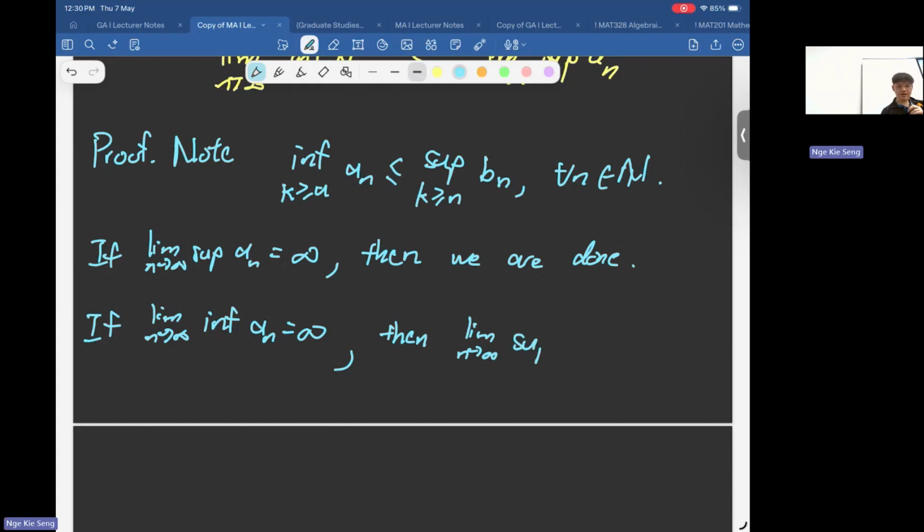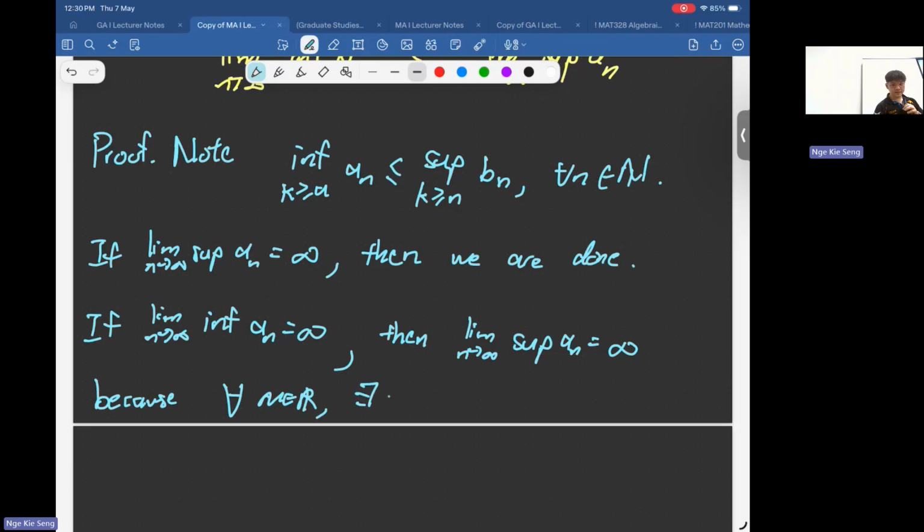Yeah, very good. So then we claim that lim sup is also infinity. Why? Because for every m in R, what does it mean that lim inf is infinity?